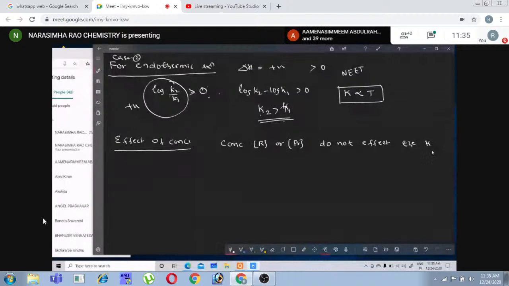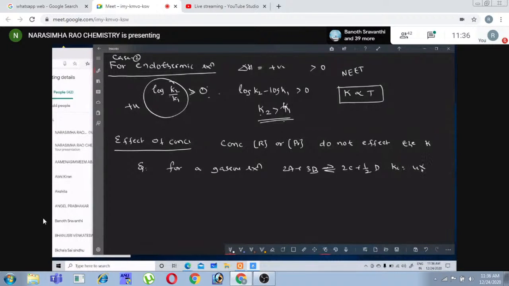Does not affect. For the example, what I am taking, children: for a gaseous reaction, 2A plus 3B is in equilibrium with 2C plus 1 by 2 D. Kc is 4 into 10 power minus 2.